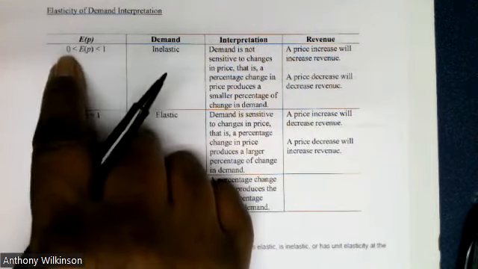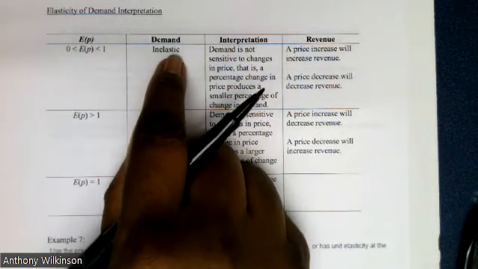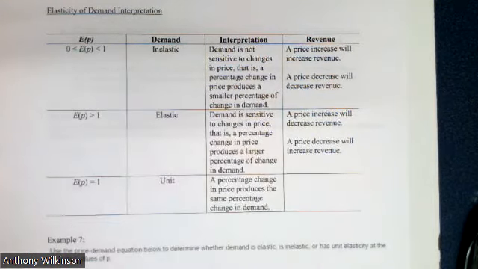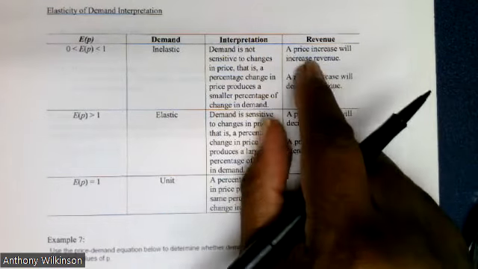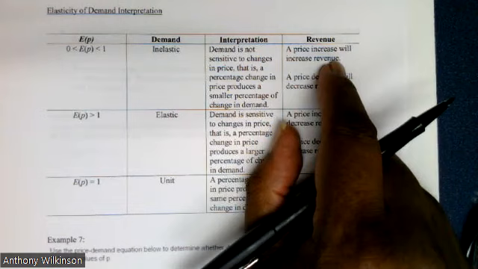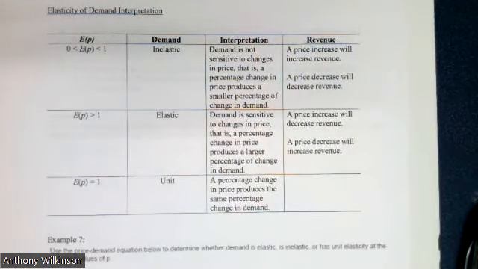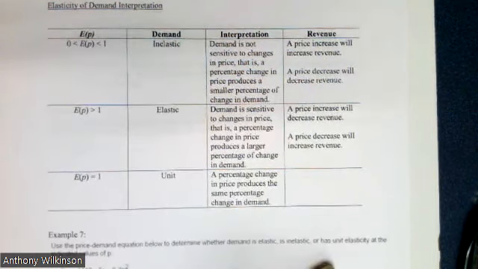Now, if your E of P is between 0 and 1, that means that the demand will be inelastic. In other words, demand is not sensitive to changes in price. That is, a percentage of change in price produces a smaller percentage of change in demand. So as far as revenue is concerned, a price increase will increase revenue, or alternatively, a price decrease will decrease revenue.